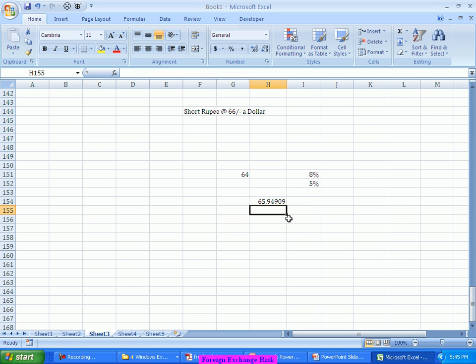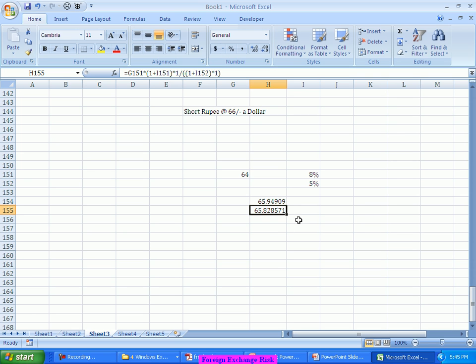But if I am going with a discrete compounding, 64 into (1 plus domestic R into T) divided by (1 plus foreign R into T). Because we are talking of 1 year itself, it is 65.82.